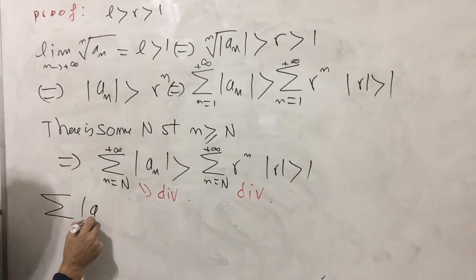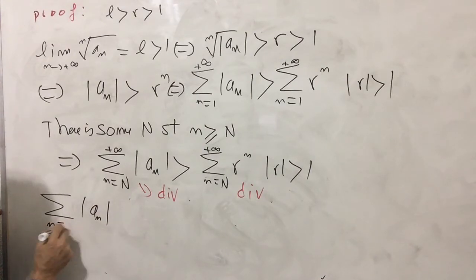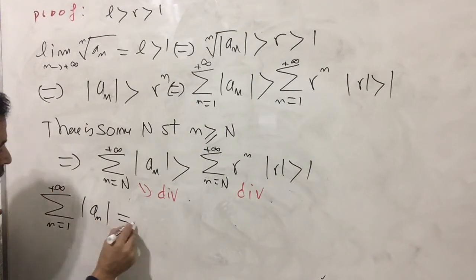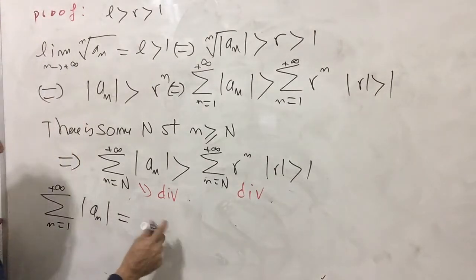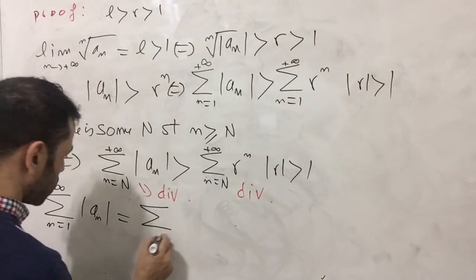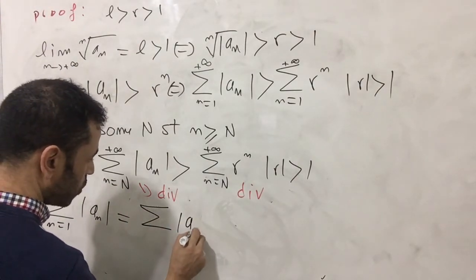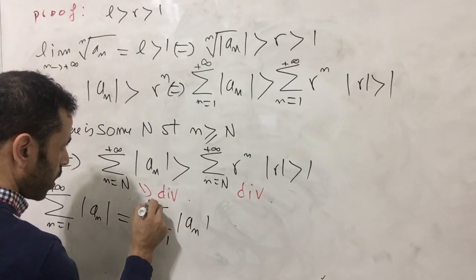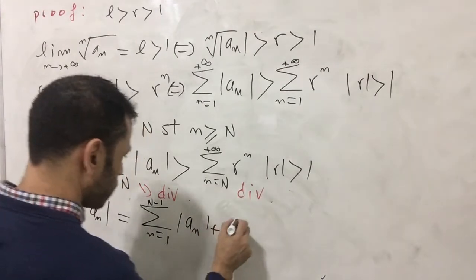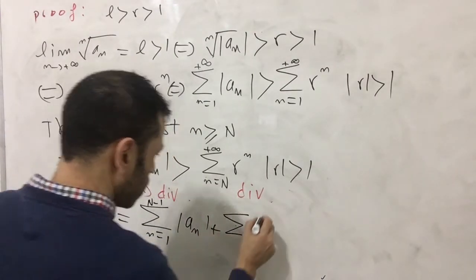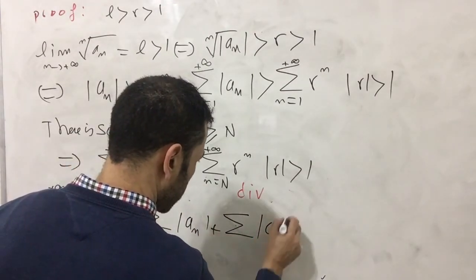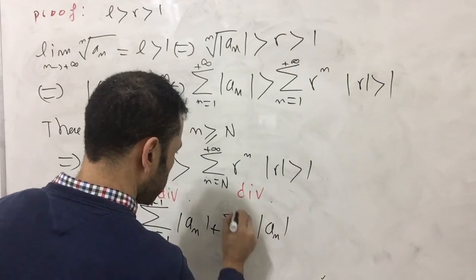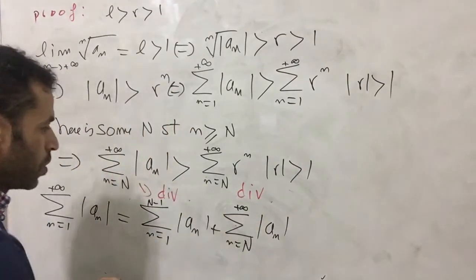So the sum of the absolute value of a sub n as n goes from 1 to plus infinity is equal to the partial sum of the absolute value of a sub n as n goes from 1 to capital N minus 1, plus another sum of the absolute value of a sub n as n goes from capital N to plus infinity, okay?